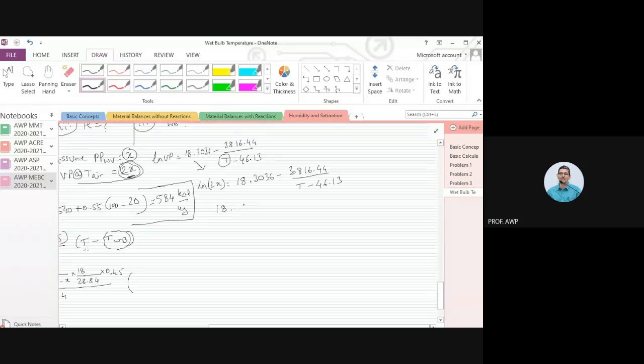So 18.3036 minus ln of 2x would be 3816.44 divided by T minus 46.13, or T minus 46.13 would be equal to 3816.44 divided by 18.3036 minus ln 2x. We can bring that 46.13 to the other side.